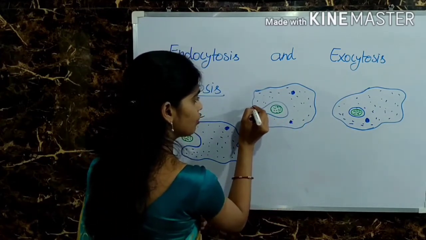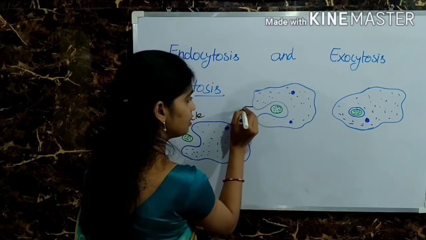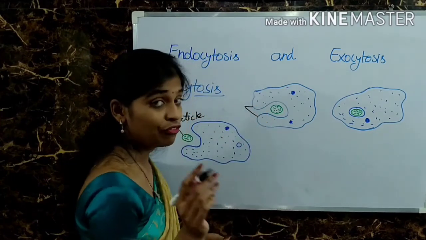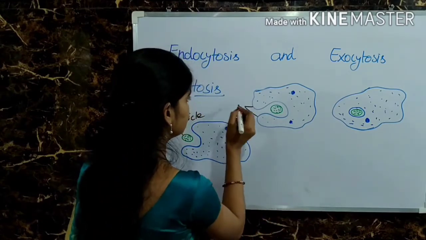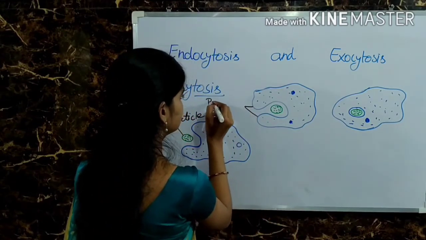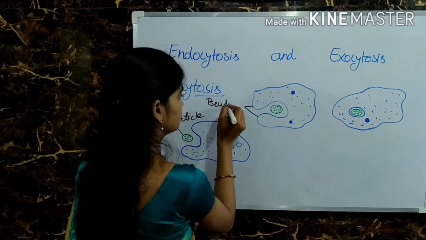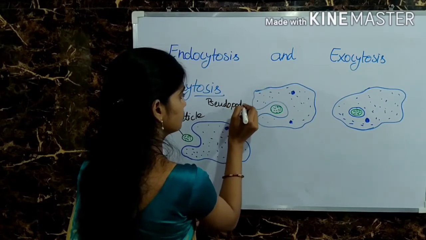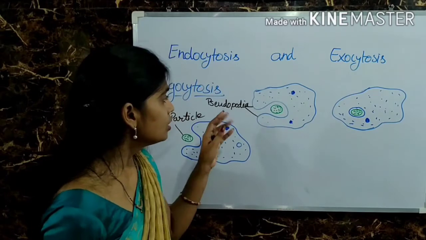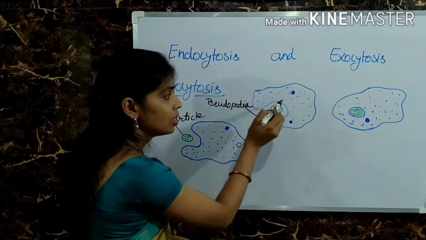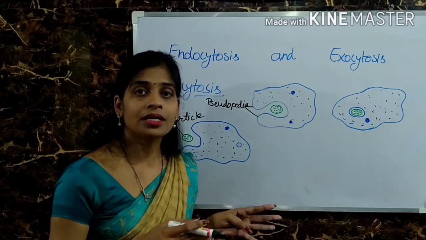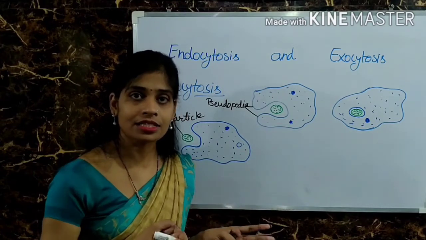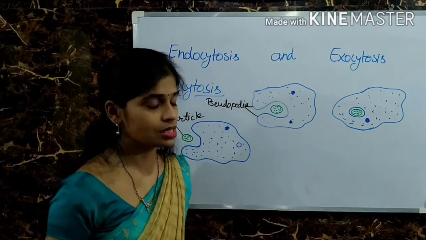These false feet of the amoeba are called pseudopodia. The pseudopodia form around the food particle, and the food particle is taken inside the amoeba cell.